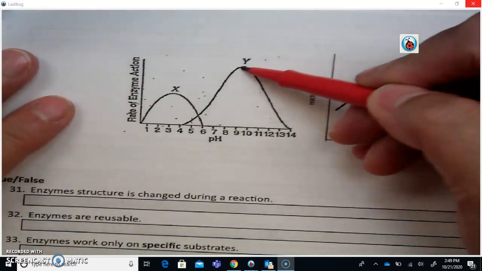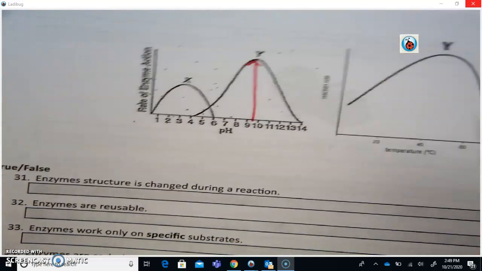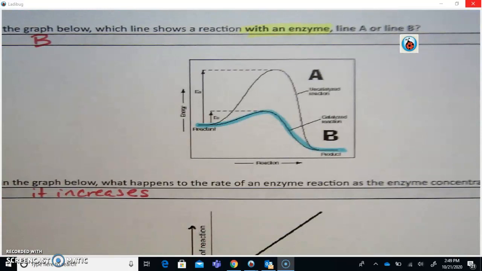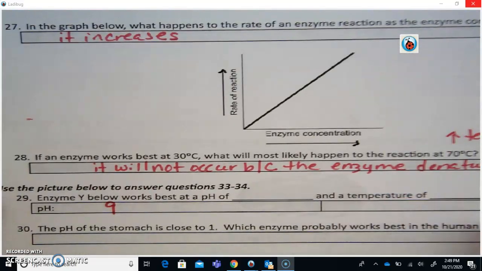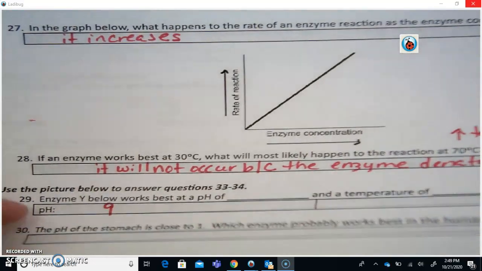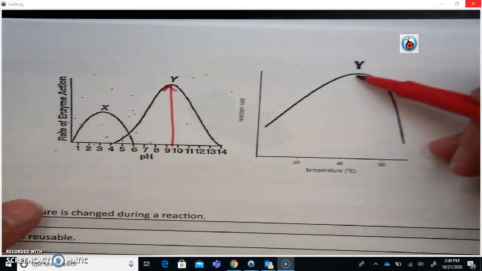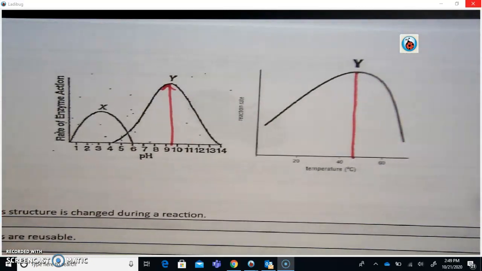So enzyme Y works best, it looks like, around a pH of 9 or so. Okay, so a pH of 9. And it works best at a temperature. So what kind of temperature does it work best at? The temperature looks like around, I don't know, maybe about 48 degrees.